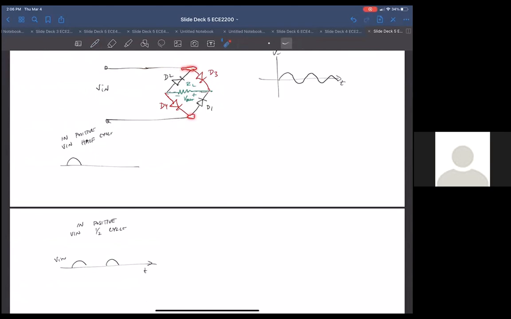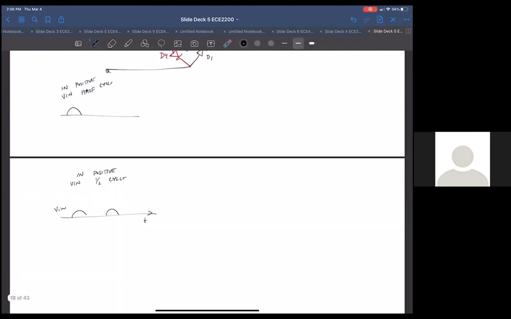This diode and this diode end up being forward biased in that condition, and these two diodes end up being reverse biased, so those don't work. So the circuit ends up looking like this.